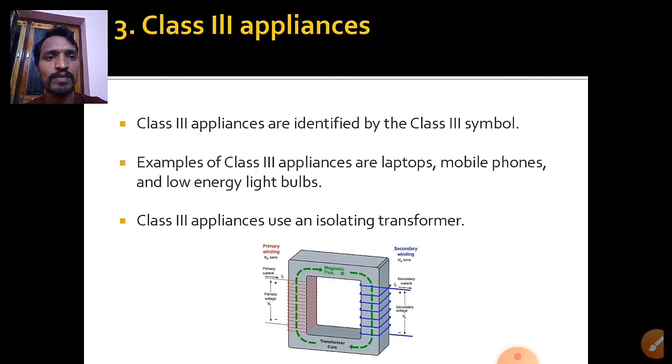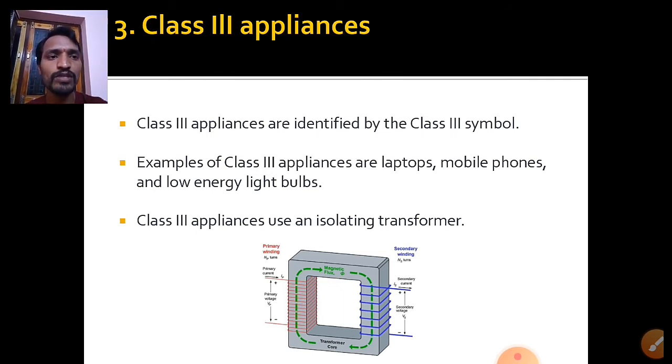Class 3 appliances usually have an isolating transformer. Generally we can see a transformer in low energy light bulbs. Low power consuming bulbs generally have a transformer, and laptops also have a transformer to step down the voltage.